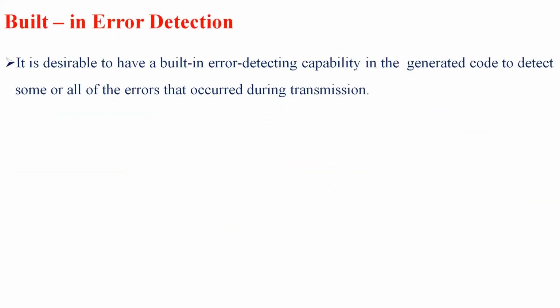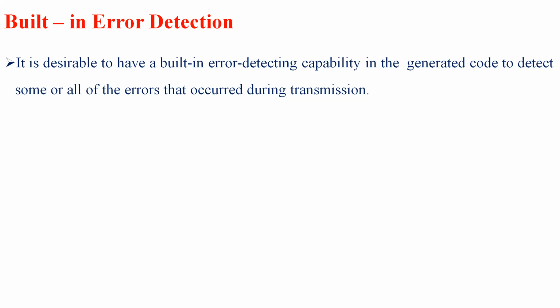The next is built-in error detection. Sometimes it is very desirable to have a built-in error detecting capability. Not all systems have a capability to detect errors, so error detection is a major task.